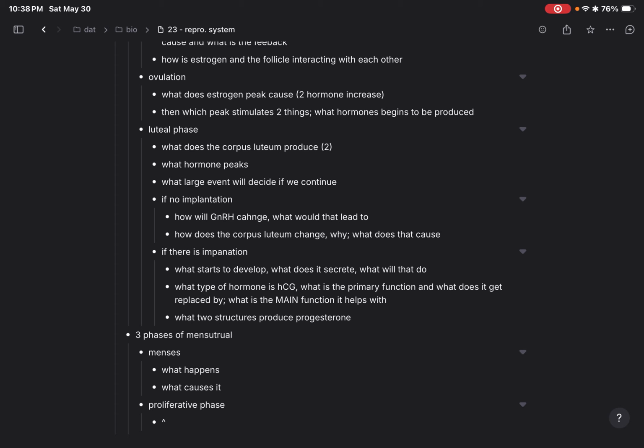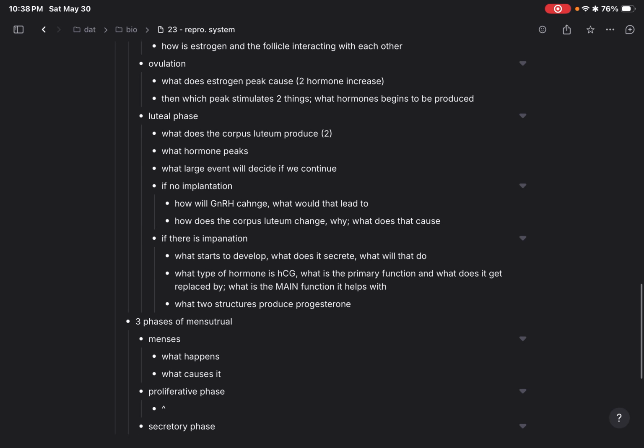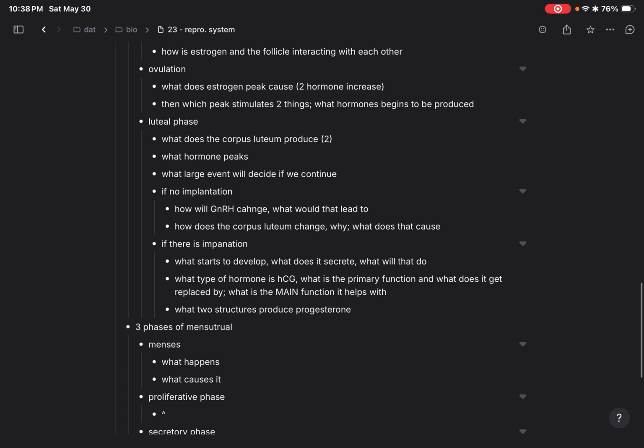So in the luteal phase, the corpus luteum produces estrogen and progesterone. Estrogen and progesterone stimulate development of the endometrium. What hormone peaks during the luteal phase?